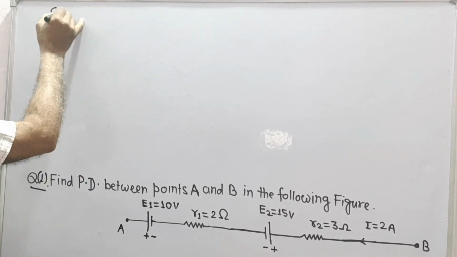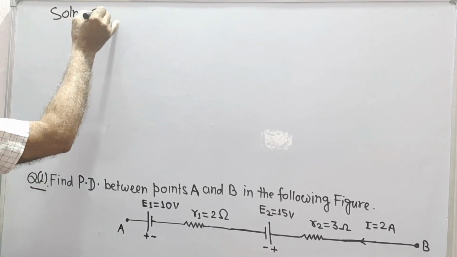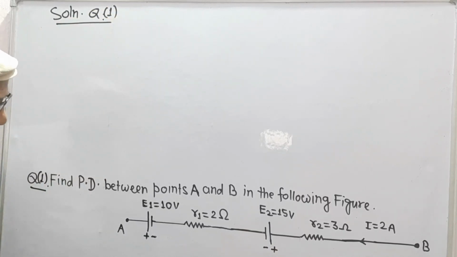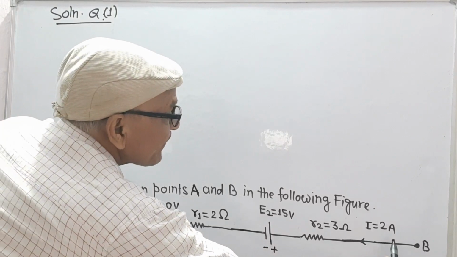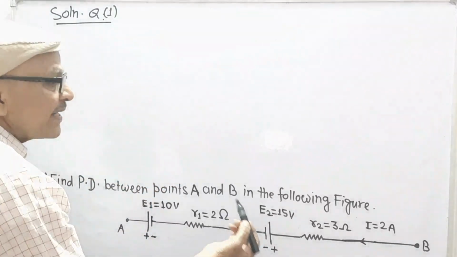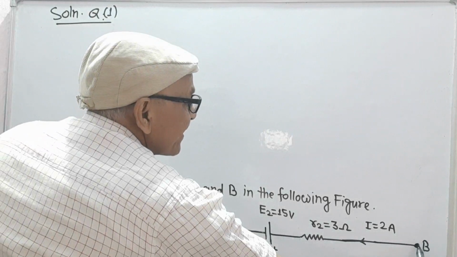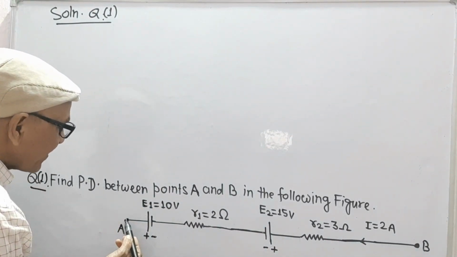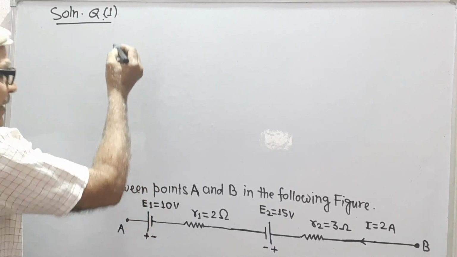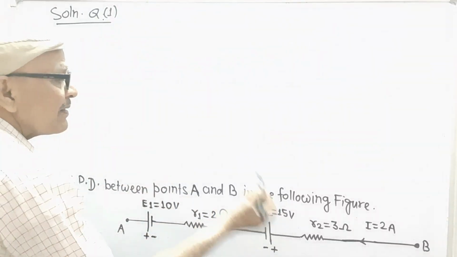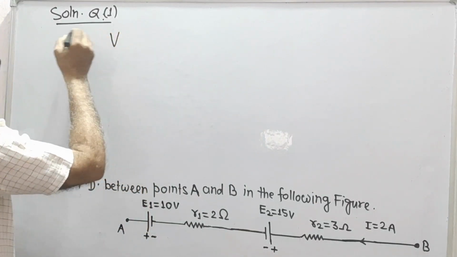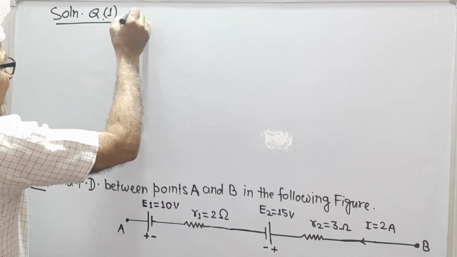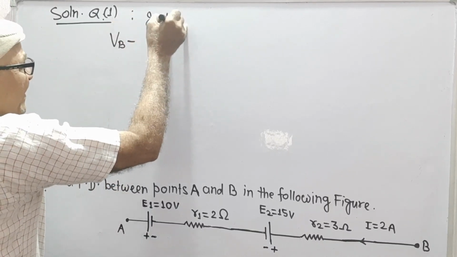Solution to question 1. Here current 2 ampere is flowing from right to left, therefore voltage at point B will be positive and voltage at point A will be negative, therefore we have VB minus I into R2 in the given circuit.